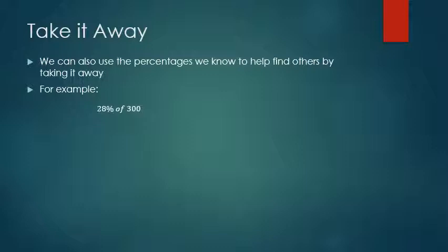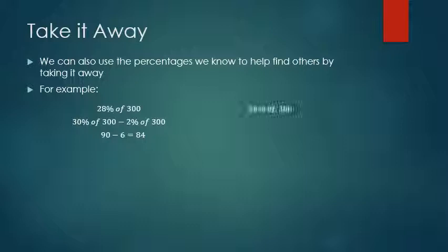So instead of looking at 28% of 300, I'm going to look at 30% of 300 and take away 2% of 300, because 30 take away 2 gives me 28. So 30% of 300 is 90, and 2% of 300 is 6, and we subtract them, so 28% of 300 would be 84.